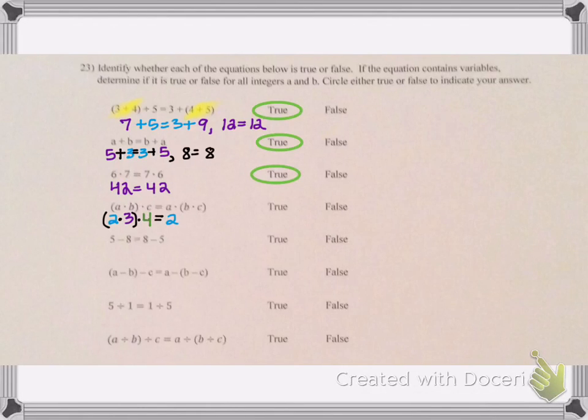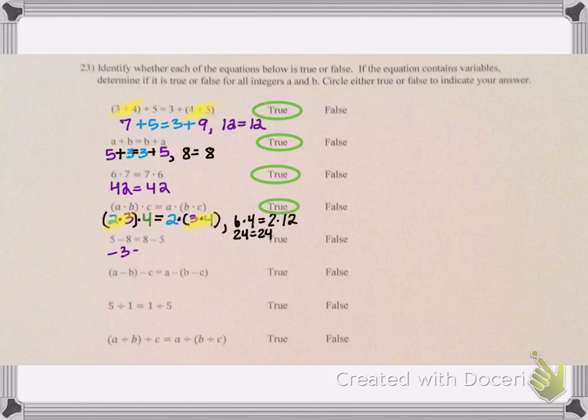So again, on the right side, I'm going to put a 2 everywhere I see an A, a 3 everywhere I see a B, and a 4 everywhere I see the letter C. So you'll notice the only difference here is the placement of the parentheses. According to order of operations, we work inside the parentheses first. On the left side, I'll get 6 times 4, and on the right side, I'll get 2 times 12, and I get 24 equals 24, so that statement is true.